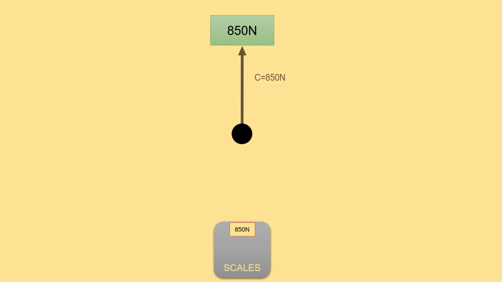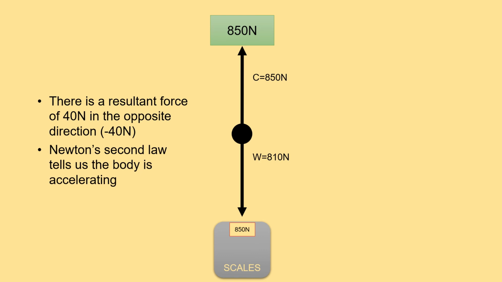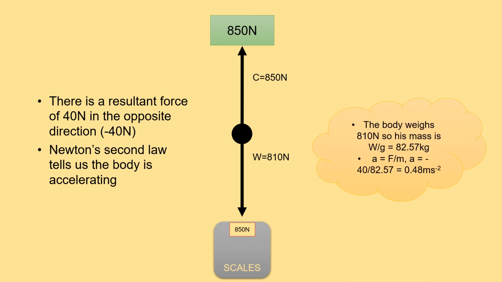Okay, so now the scales show 850 newtons. Again, that's the contact force. The weight is still 810 newtons, but now the resultant force is 40 newtons in the opposite direction. Newton's second law still tells us that the body is accelerating because there's a resultant force. Force is mass times acceleration.